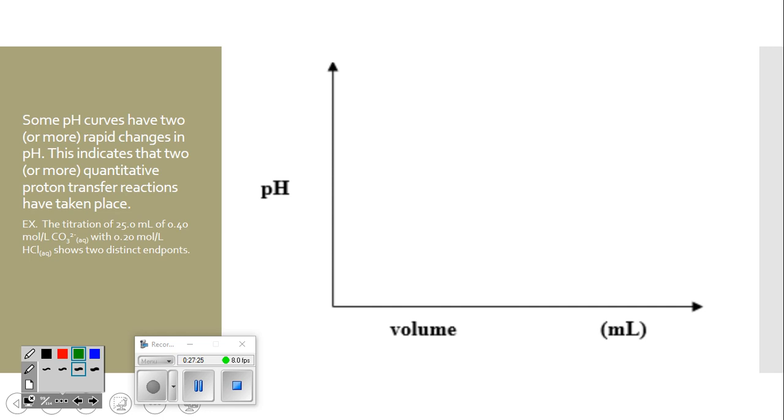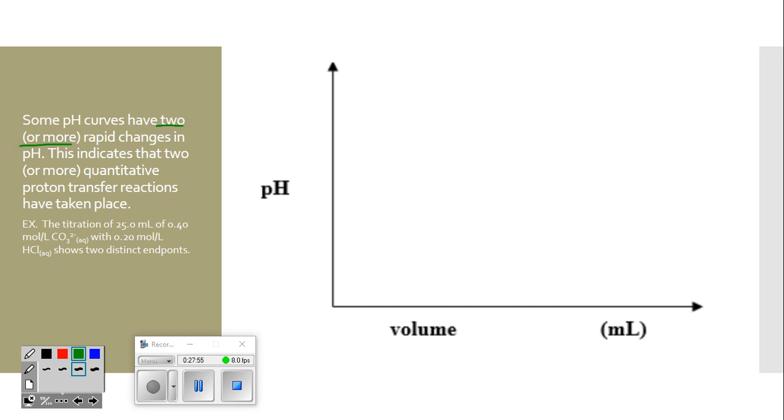Now, the reason that I don't mind starting this lesson right away is because it's really the same topic. We're just adding a little bit to it. Some pH curves have 2 or maybe more rapid changes in pH. When you did the second titration, the one with the sodium carbonate, if you graphed your data, chances are you saw the pH change once and then maybe level off and then change again.